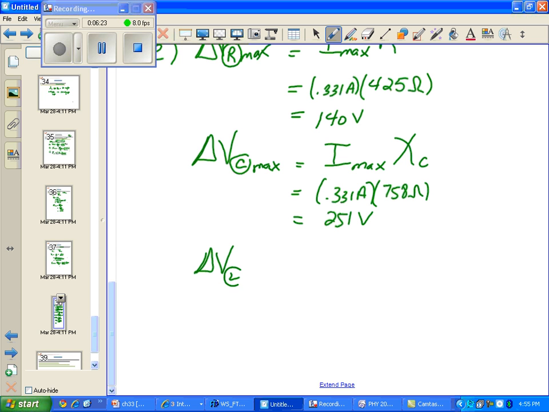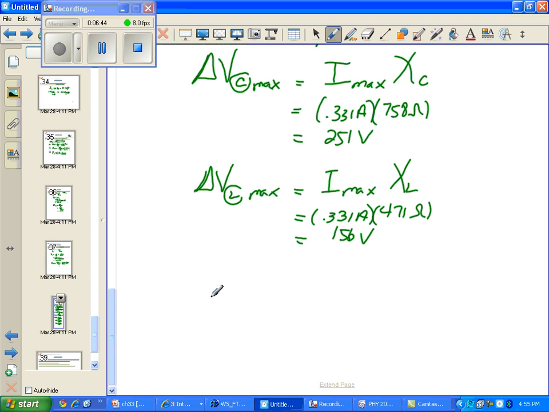Delta VL max, I max times X sub L, 0.331 amps times 471 ohms gives us a value of 156 volts.